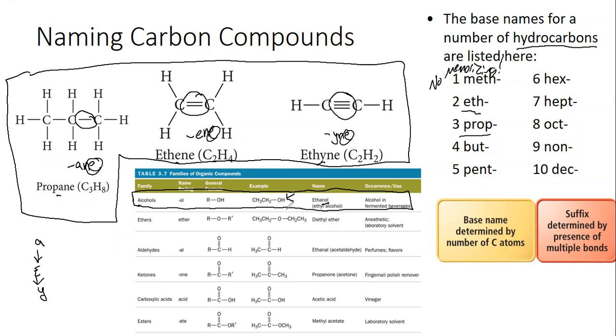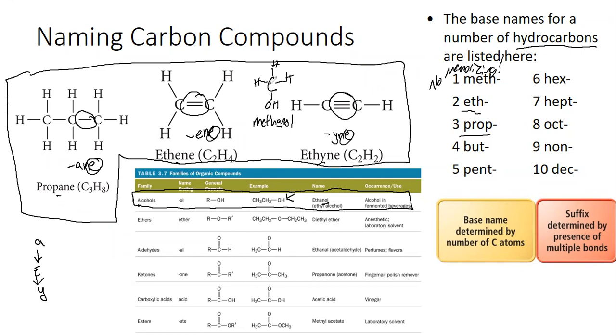Ethanol is the thing that gets you drunk, while methanol, so what I just drew there is methanol. So meth, 1 carbon, and only single bonds, ol OH.